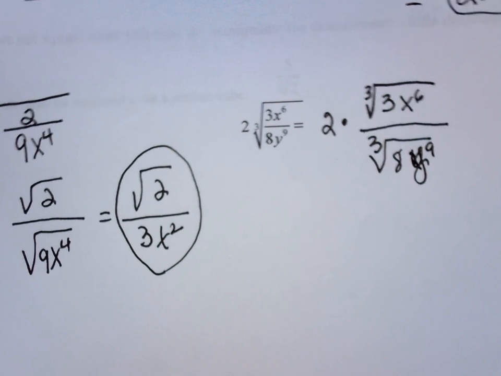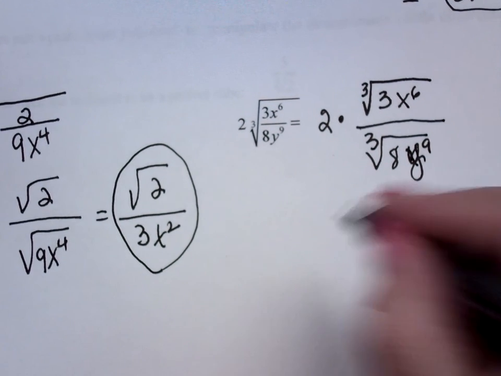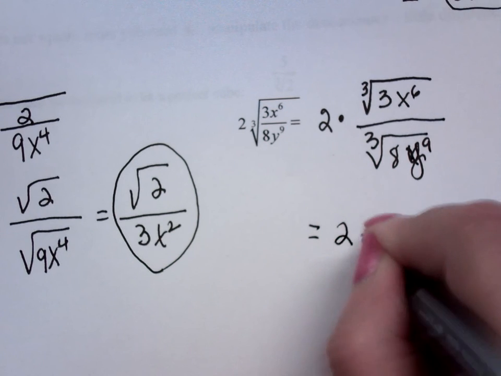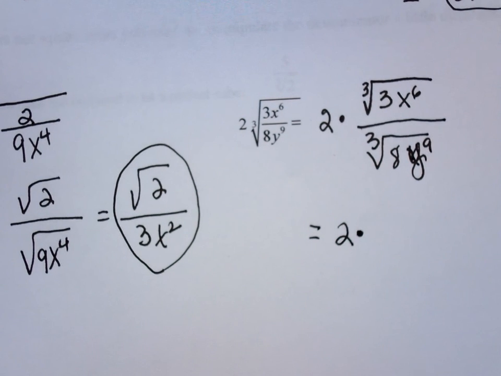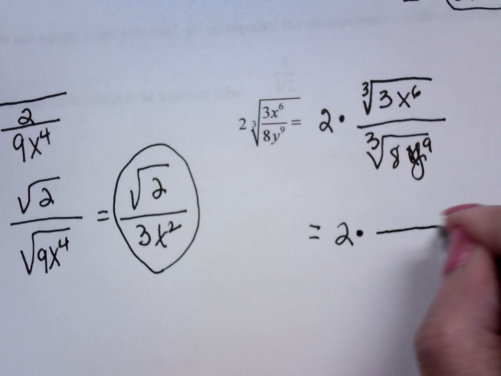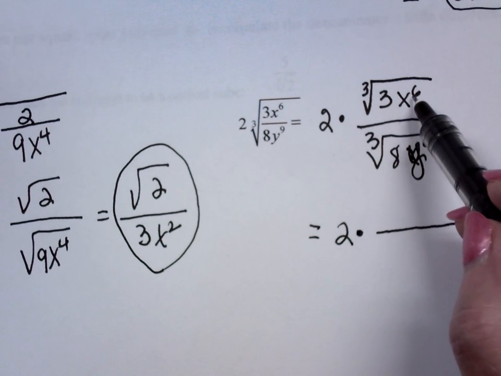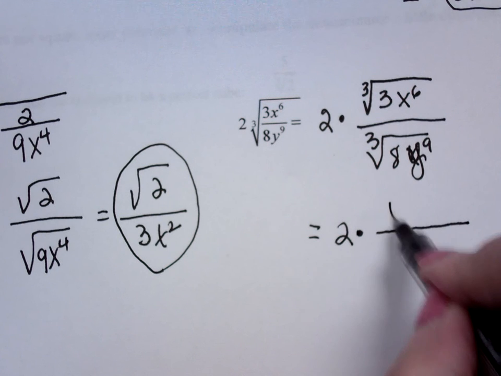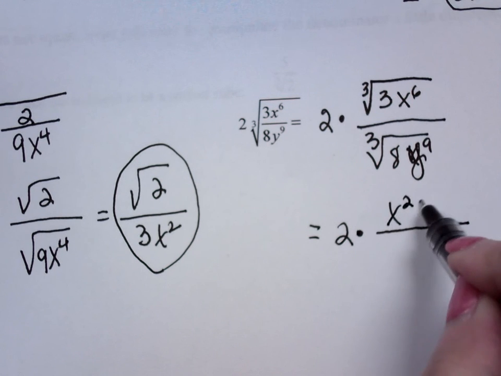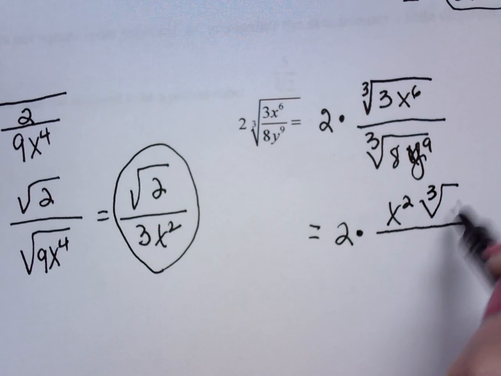That's a y to the 9th. This becomes a 2 times, well, the numerator, 3 is not a cube, but x to the 6th is. This is an x squared, cube root of 3.